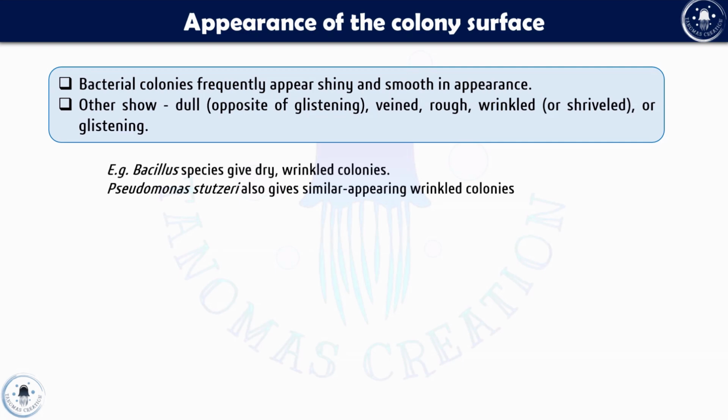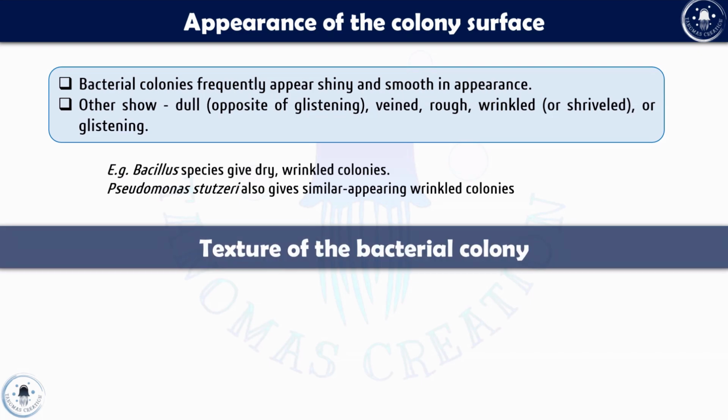For example, Bacillus species give dry and wrinkled colonies, whereas Pseudomonas also gives similar wrinkled colonies. Both of the species give wrinkled colonies. Mycobacterium tuberculosis gives a shiny and smooth colony. So these are the examples of their appearance.